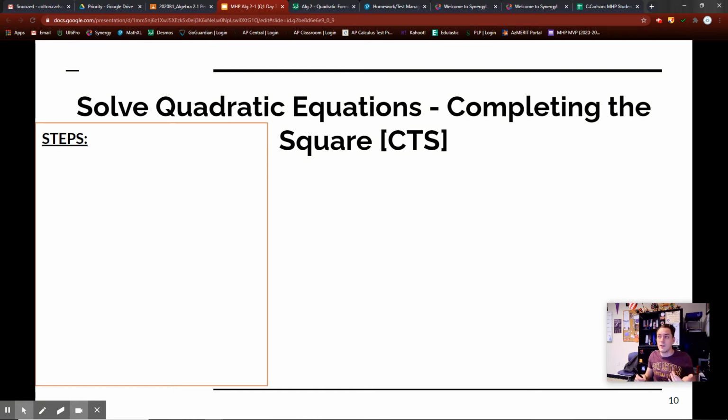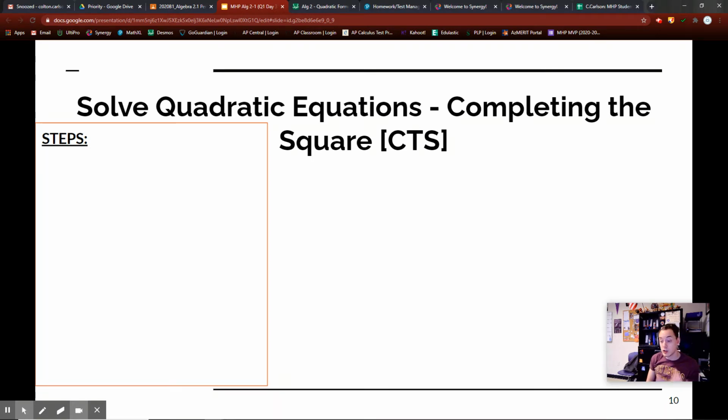It's not like an actual square where you have four sides. How is that possible? Well, it's not four sides. Sure, it's a parabola, but you do have the area of a square being x squared, something squared, right?